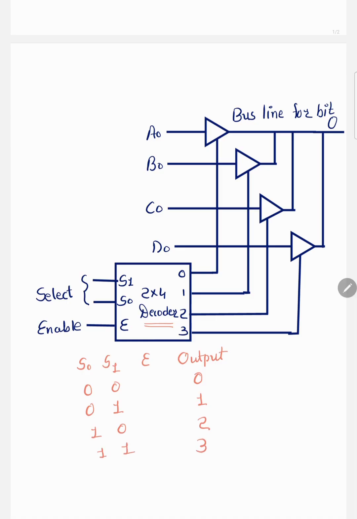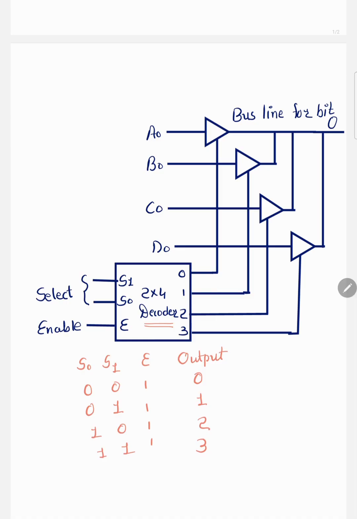This is the concept. Enable should be on, and in this scenario you are selecting the lines, so the 0th line is on, the first line is on, the second line is on, the third line is on.